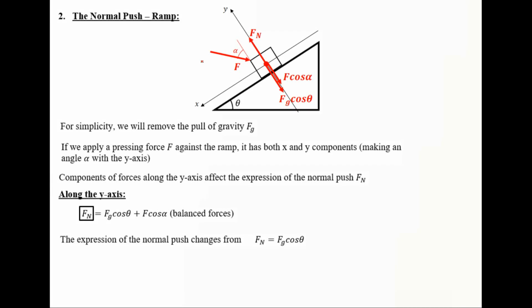So in this case, for a ramp, if we have a pressing force, the normal push would change from Fg cosine theta into Fg cosine theta plus F cosine alpha. And remember that alpha is the angle between the pressing force and the y-axis.